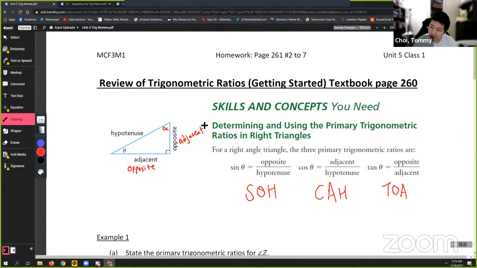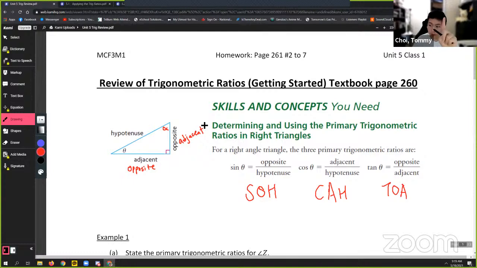So depending on what angle you're looking at, your opposite and adjacent labels change, right? It's very important to know what angle you are talking about, and then label according to that angle. If we don't label and identify that, it screws us over completely, and we don't want that to happen.